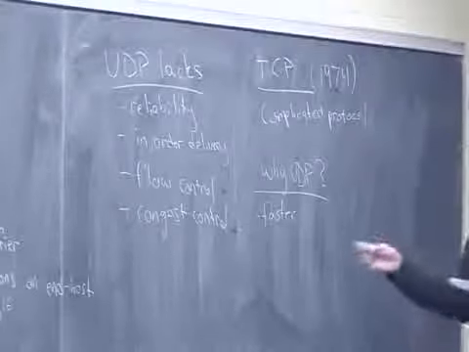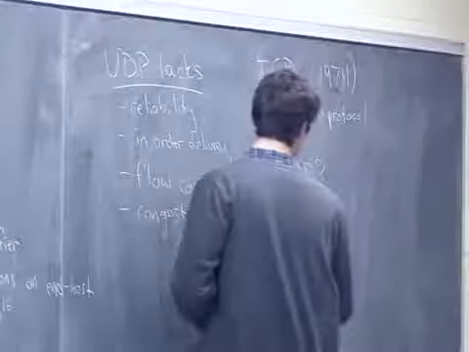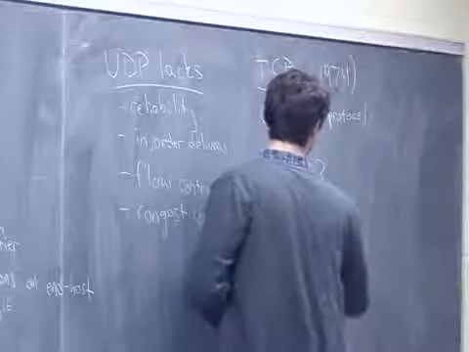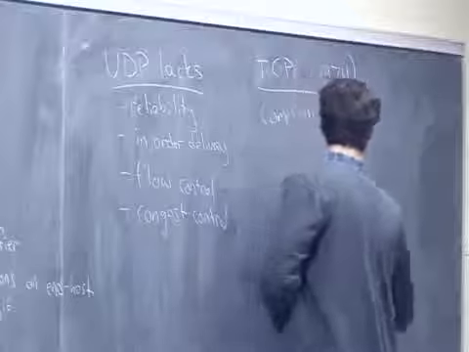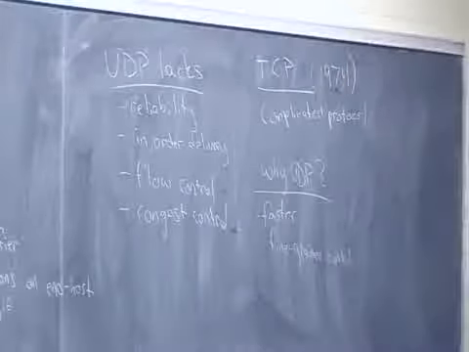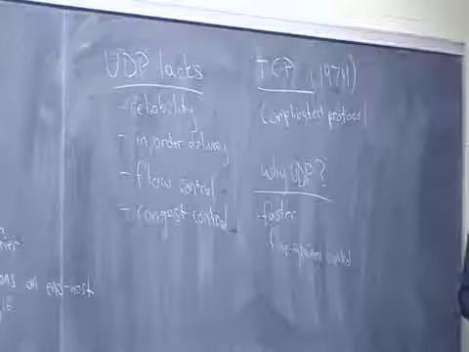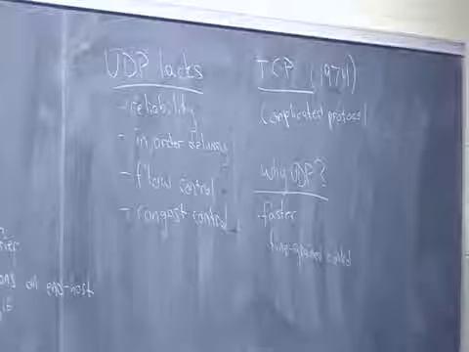So let me just add on to this and say that it's faster in that you get fine-grained control. What I mean by this fine-grained control is that with TCP, once you, in your application, do the socket.write call, that data is immediately sent out on the network.